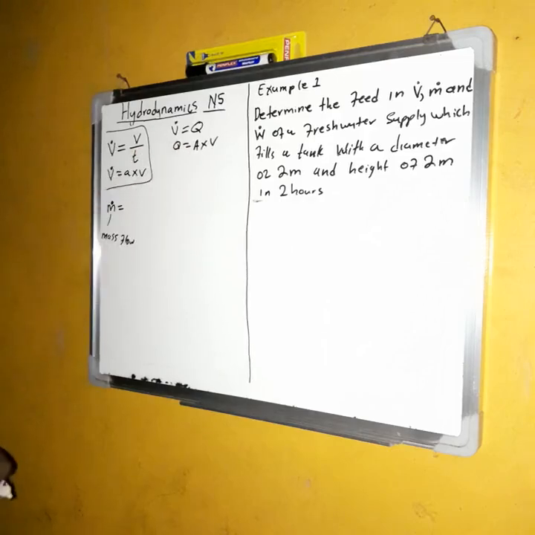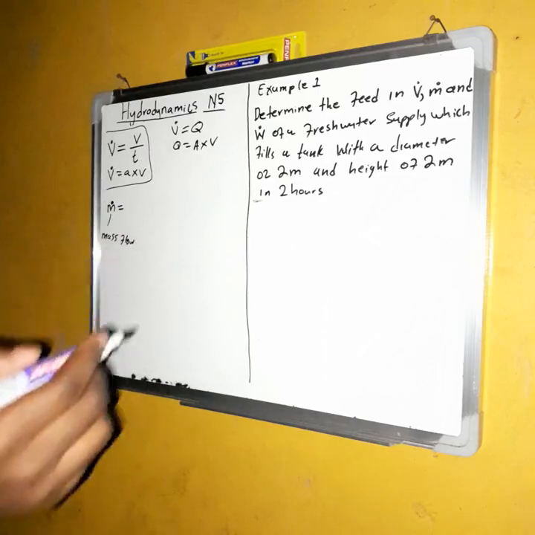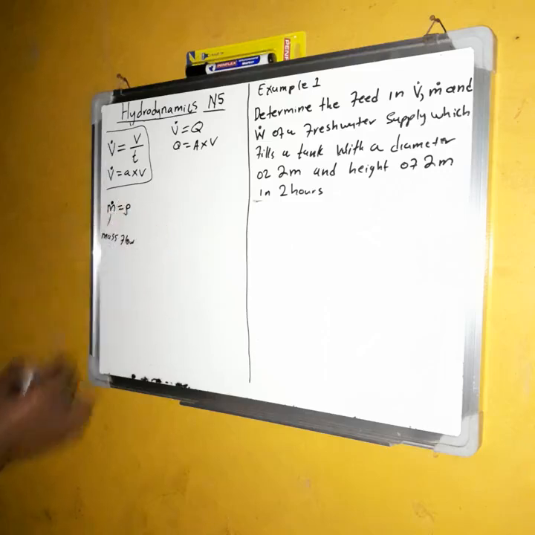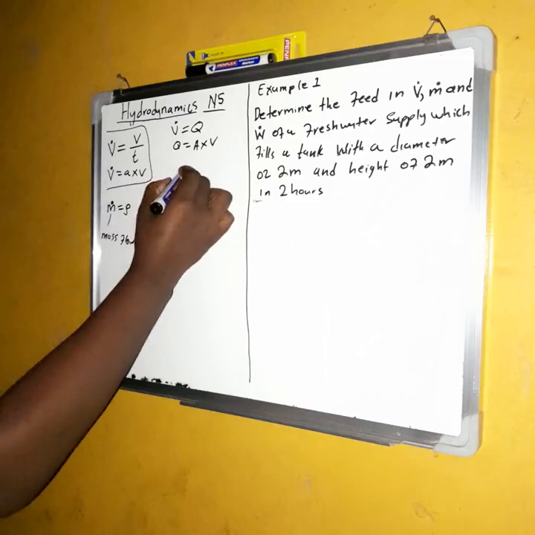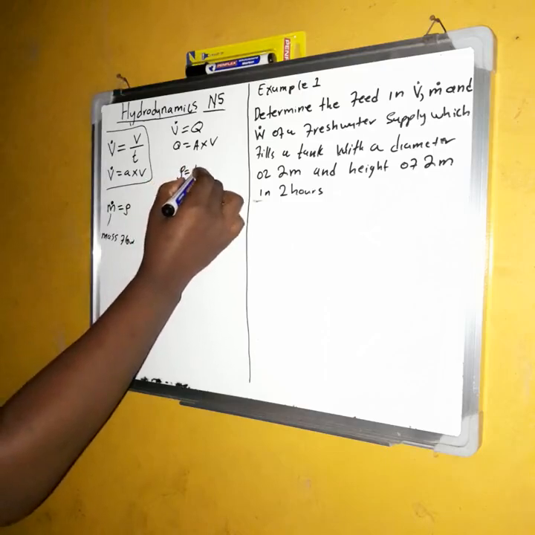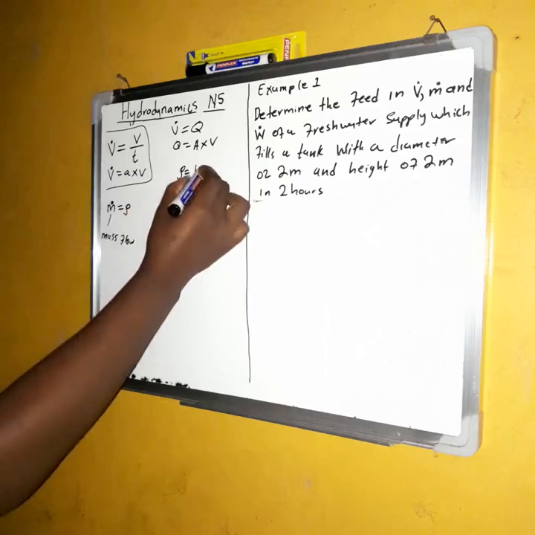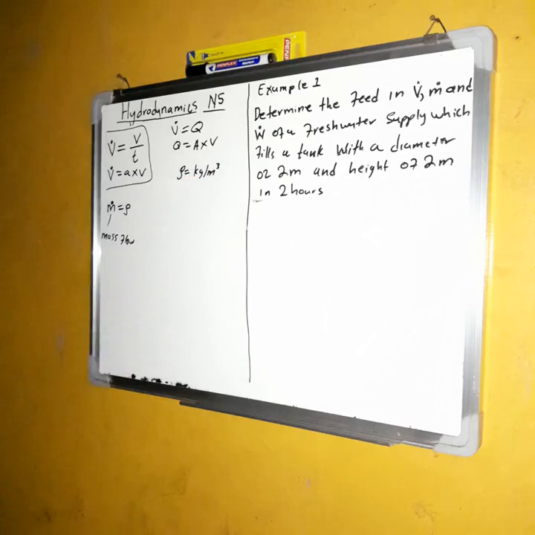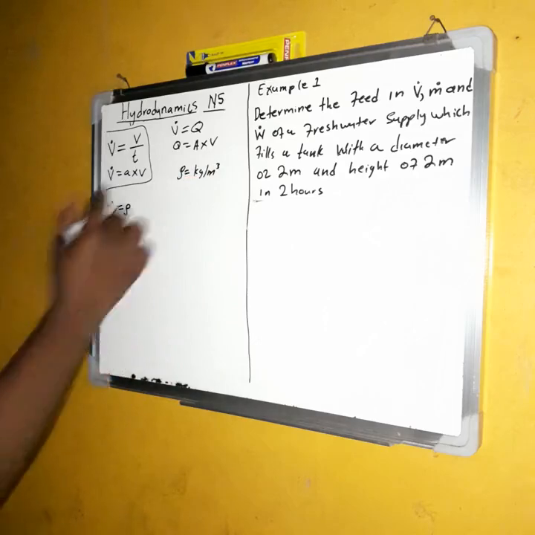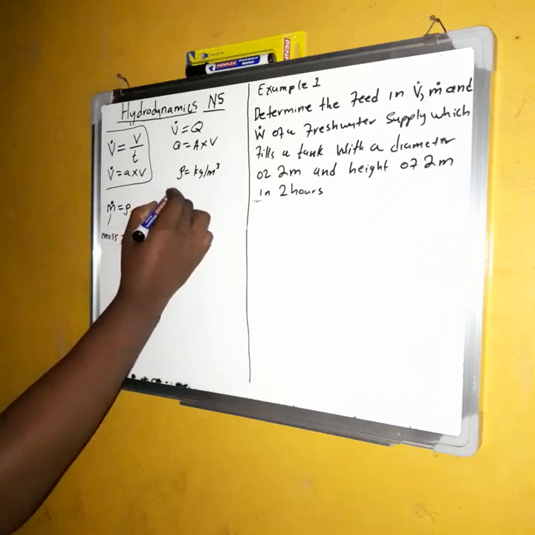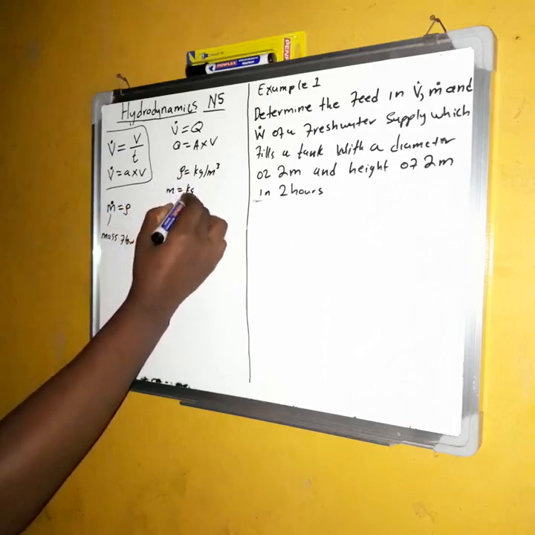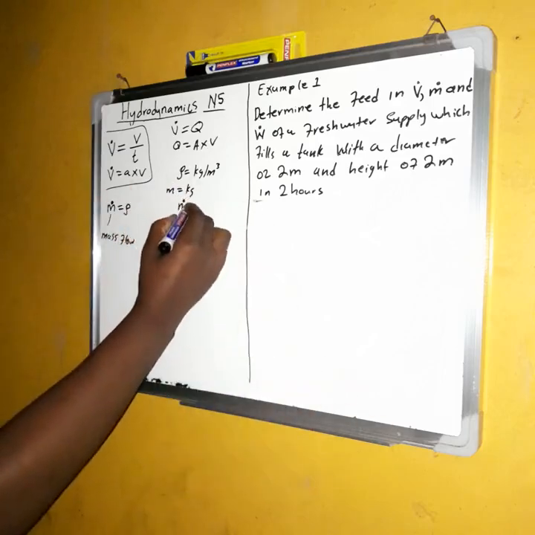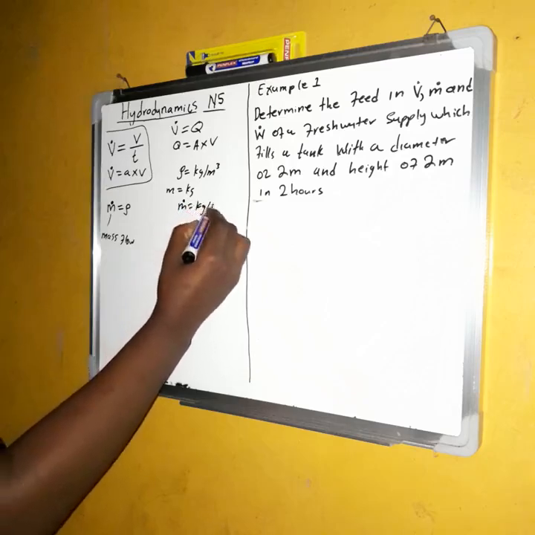Density is measured in kg per cubic meter. But mass flow is calculated in kg per second.